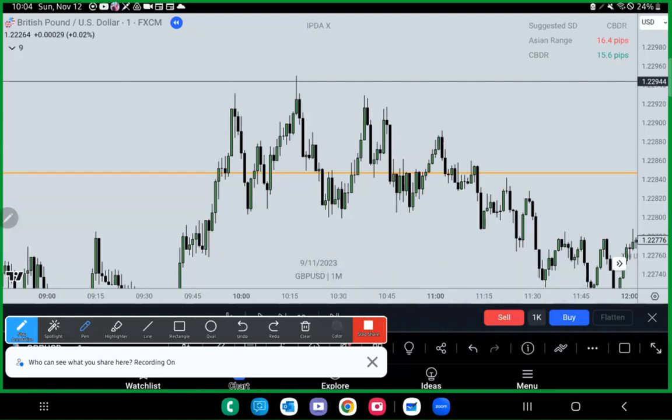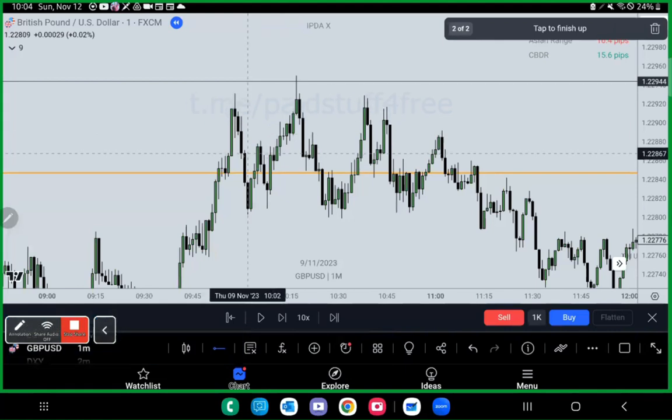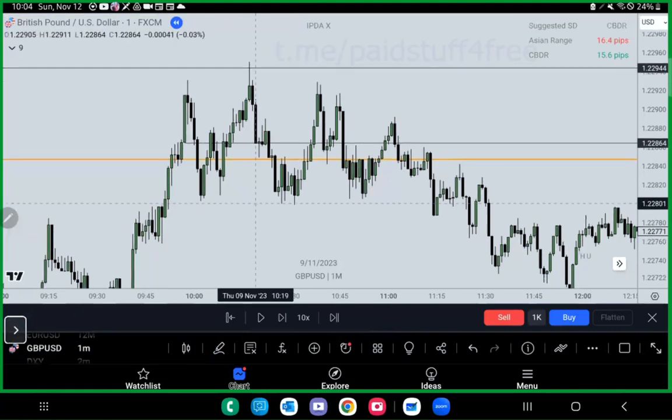But anyways, we run above this high, and then we trade back below the opening price. Right. So we go back below the opening price of this particular candle. All right.